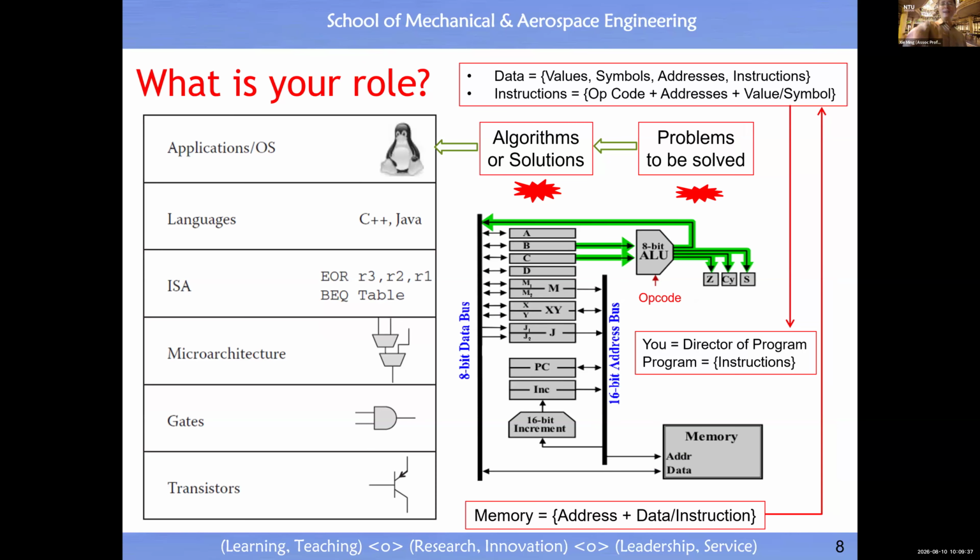This slide also is very important. What is your role? The objective for you to learn this course is for you to become a user of a microcontroller and the designer of a system in which there is a presence of a microcontroller. So you understand this difference, user of a microcontroller, right?